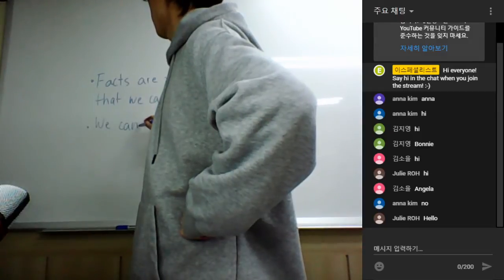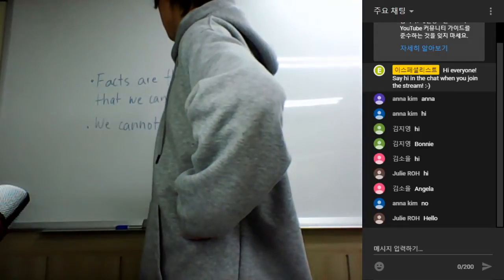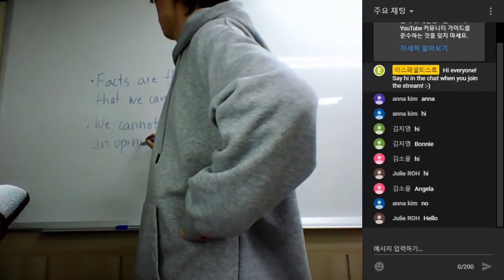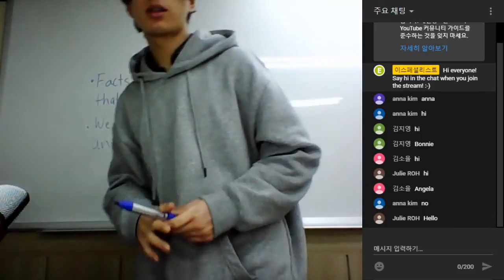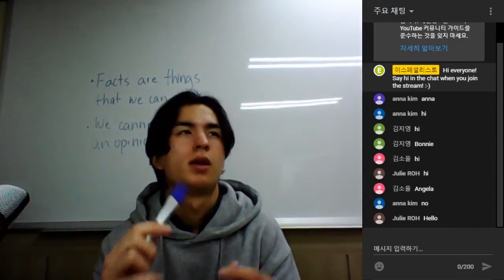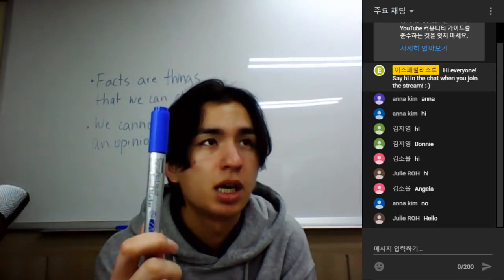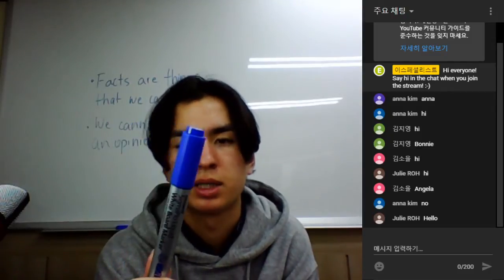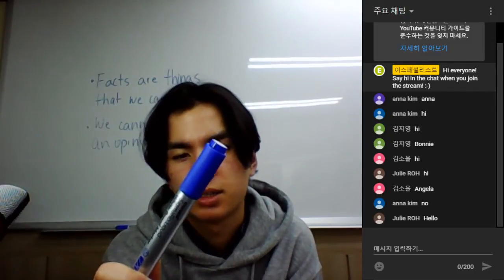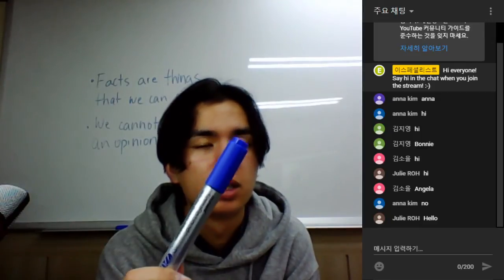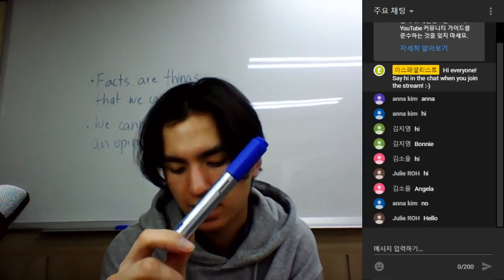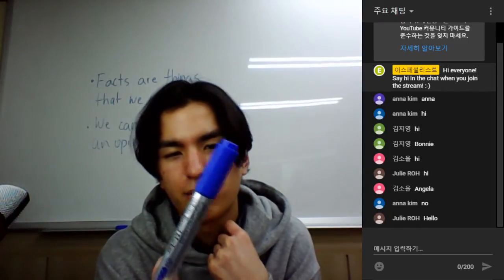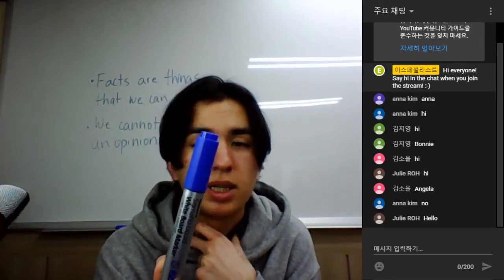Let me give you another opinion about this marker. If I say this is a good marker, that's an opinion, right? That's what I think about it. I can't check whether this marker is good or not good. Maybe I think it's a good marker, but a different teacher thinks it's a bad marker. Then it's an opinion. We can't check it.